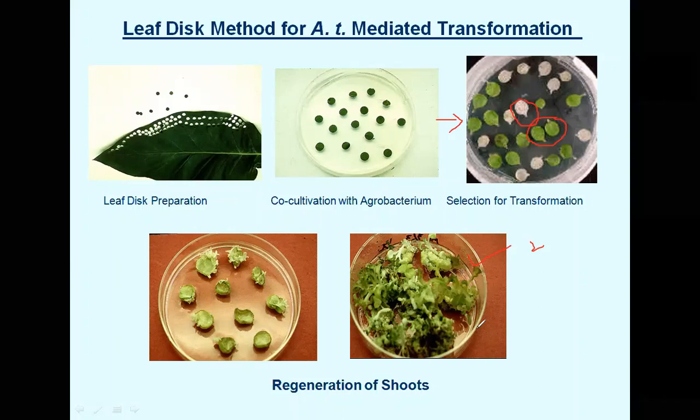You run a gel, you get a smear, and then you hybridize this gel with a probe which is complementary to the gene of your interest, and you see a very strong signal. If you are using a radioactive compound, then you would see a very strong signal on the X-ray film. So in a nutshell, there are two tests. One is a biochemical test and the second one is Southern blotting, the molecular test.